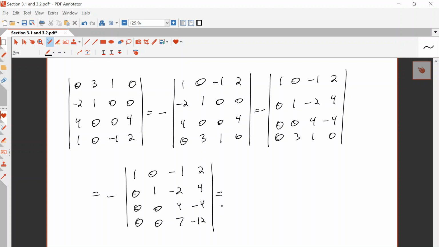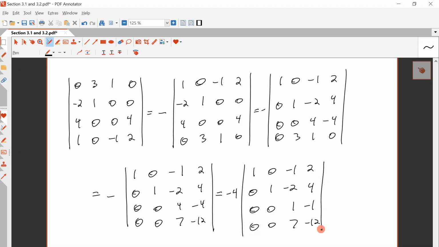So now, think of this as factoring out. I'm going to factor out a 4 from row 3. 0, 1, minus 2, 4, 0, 0, 1, minus 1, 0, 0, 7, minus 12.